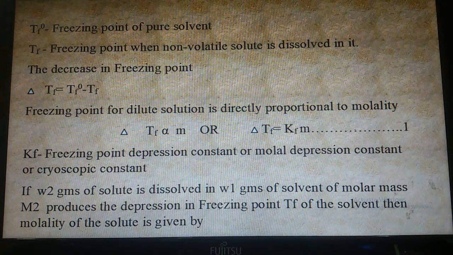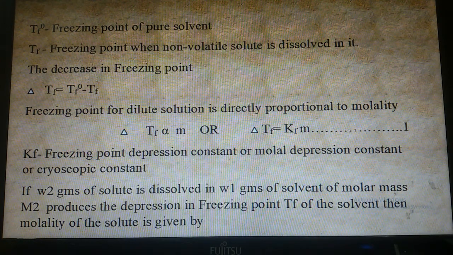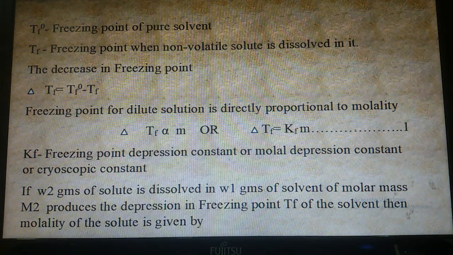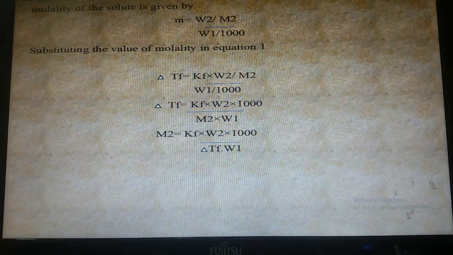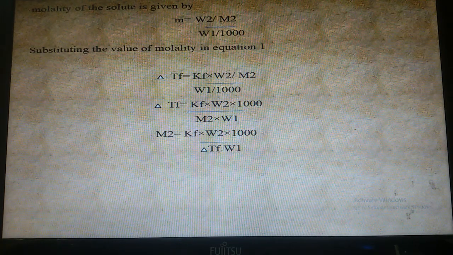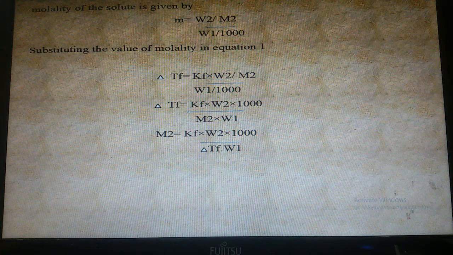If W2 grams of solute of molar mass M2 is dissolved in W1 grams of solvent and produces a depression in freezing point delta Tf of the solvent, the molality of the solute is given by m is equal to W2 upon M2 upon W1 upon 1000.